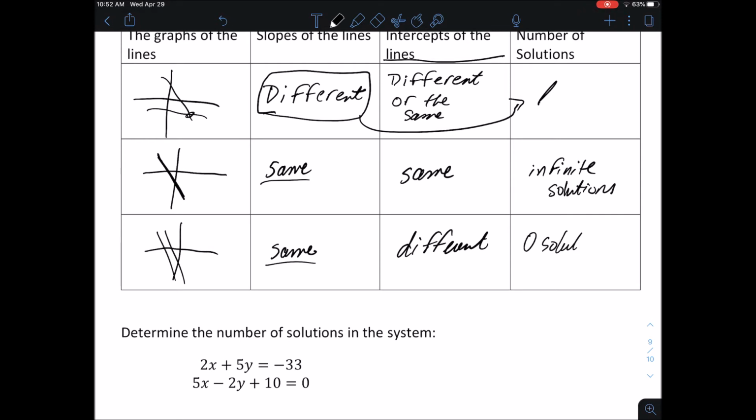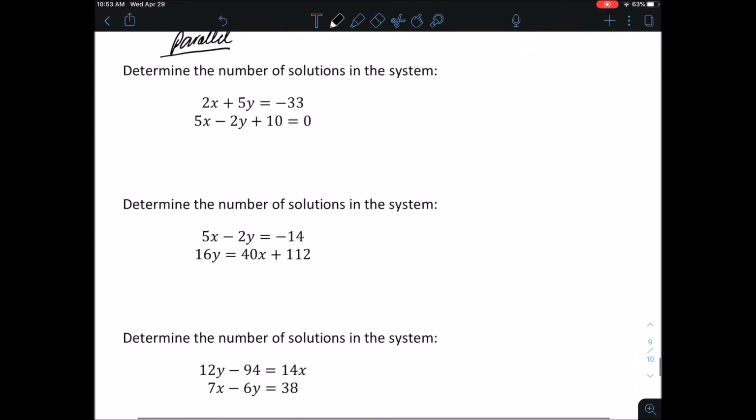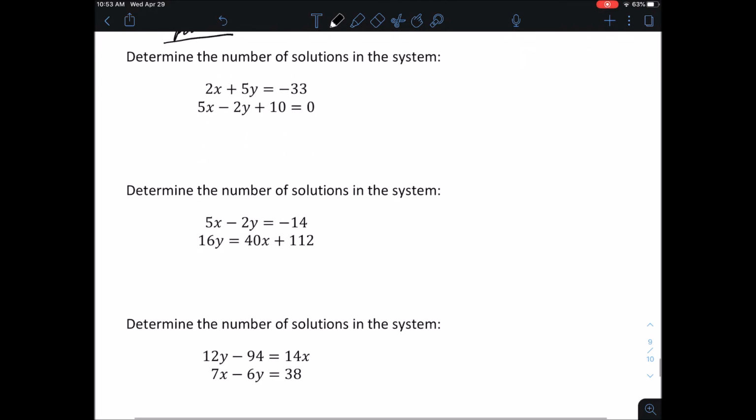So that's the thing. Once I see that they have the same slope, that doesn't help me to differentiate between infinite solutions and zero solutions. The next thing I need to look at is here, the intercepts. Are they the same? Is it the identical line? Or do I have parallel lines that will never meet and give me no solutions?